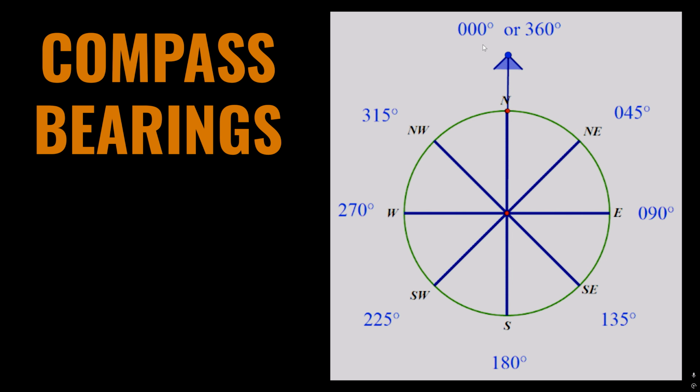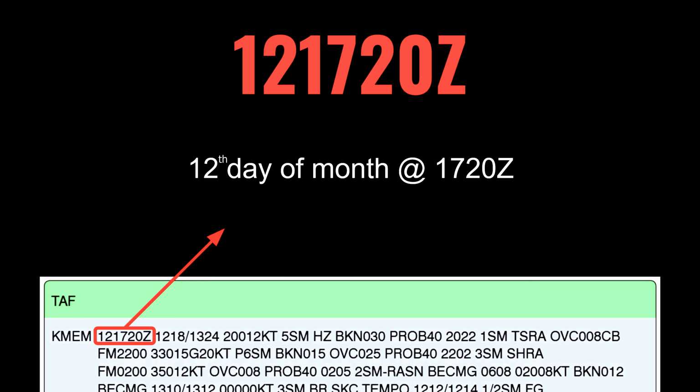So north being 0 degrees or 360 degrees, east 90, south 180, and west at 270. You can kind of figure everything else out. But you're going to see here when we look at the wind information for METAR and TAF reports, you're going to see degrees. And that is going to be what is telling us the wind direction. So it is essential that you know this information.